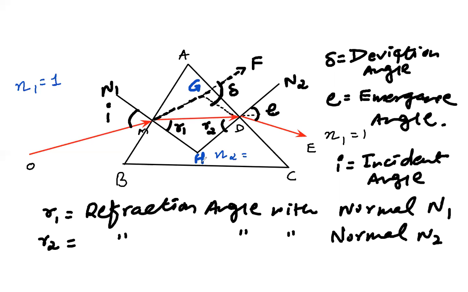And you can see another triangle, MAD, and A and H are both opposite angles.